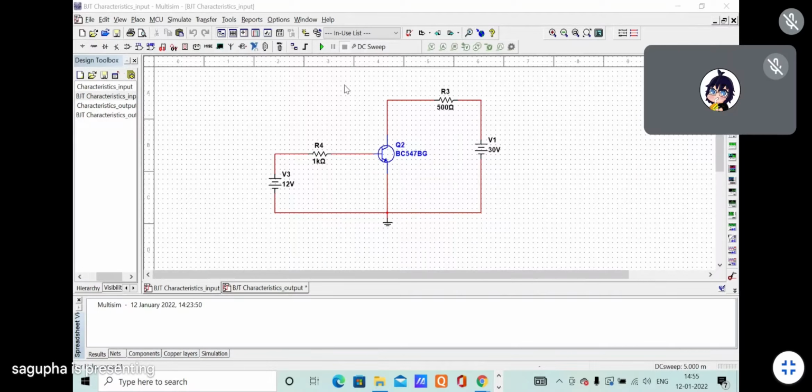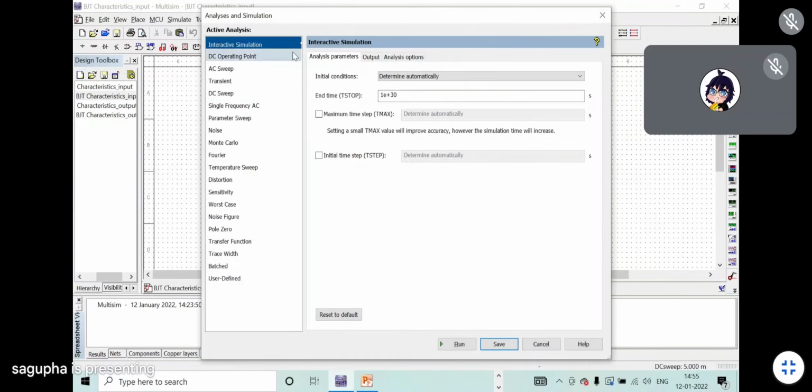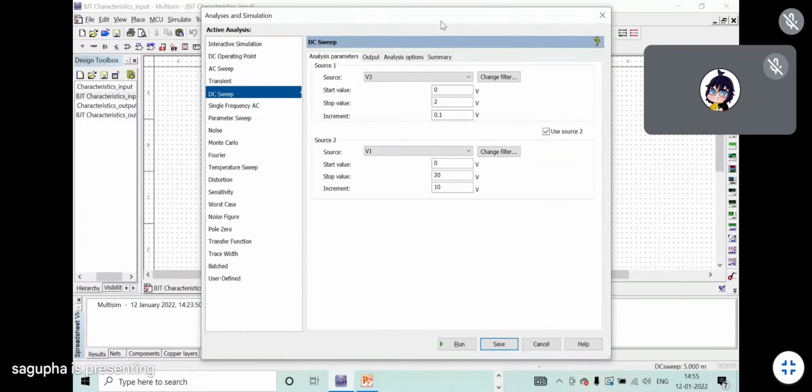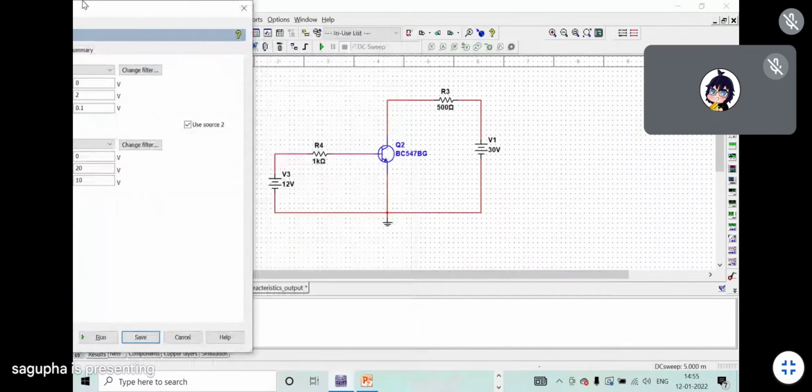For this, you can go to interactive simulation, then go to DC sweep. From here, you can give the terminal values. You can see my input is V3 and my output, I have given V1.